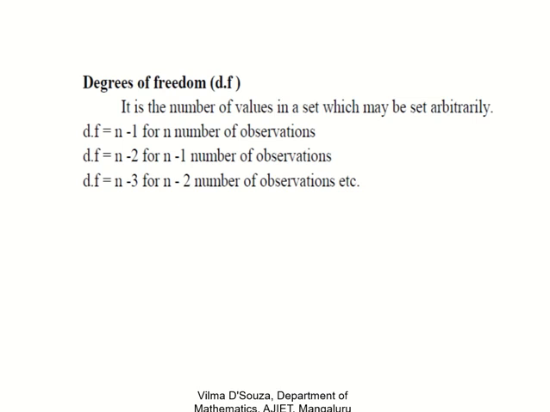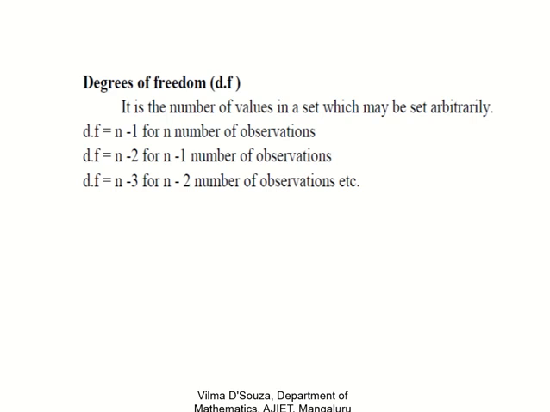Suppose you have 3 numbers in a set, x1, x2, x3. Any 2 numbers you can give arbitrary value, and the remaining one number can be written in terms of the other two. So if you have n number of observations, the degree of freedom is n minus 1. And if you have n minus 1 observations, the degree of freedom is n minus 2, and so on.